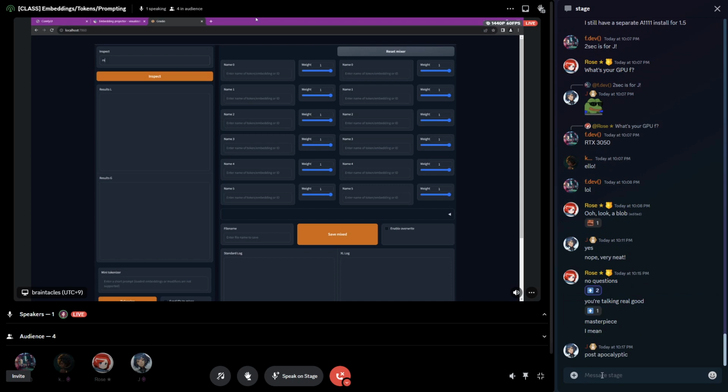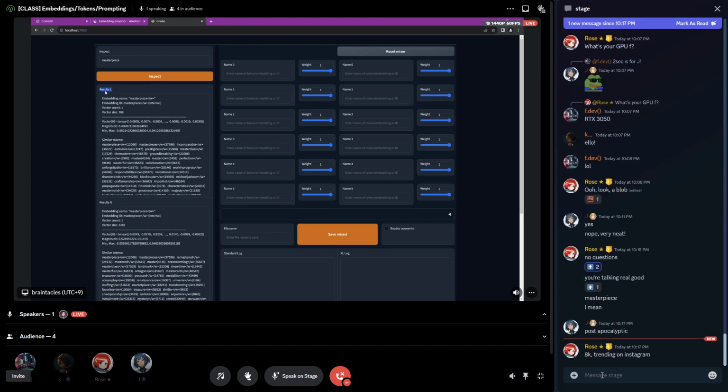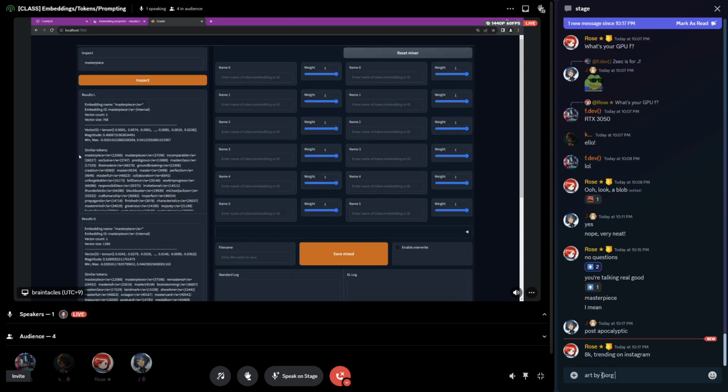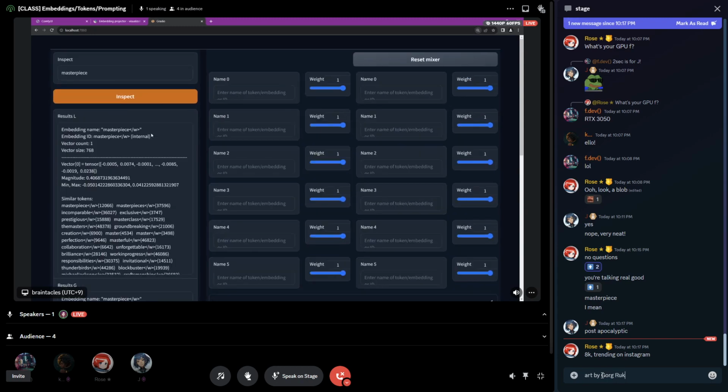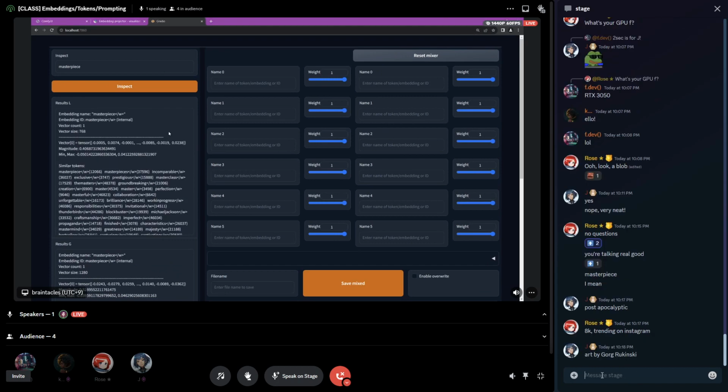I love it, Rose. Masterpiece. So we're going to inspect that. The top part is the L, the same one as Stable Diffusion 1.5. And the bottom box is the results for G, the Lion clip. Is this readable for you guys? Please let me know if it's too small or anything.